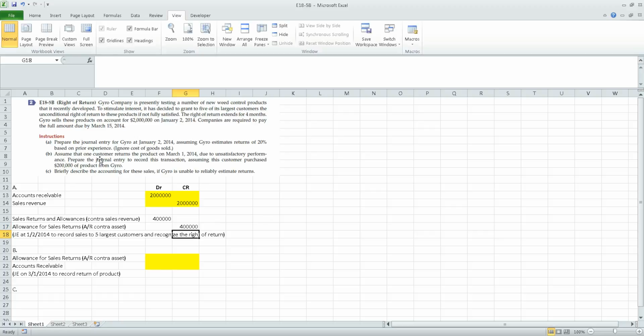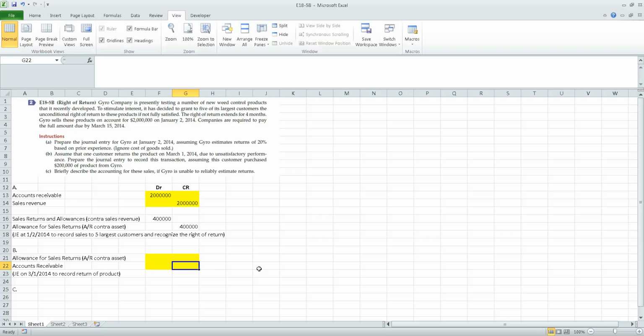Now, on part B of the problem, we're asked to assume that one of the customers returns the product during the return period. In this case, the return takes place on March 1st, 2014, and we're asked to book the return of that. So the guy returned the product in full. He no longer owes us the $200,000. That was the amount of the purchase price.